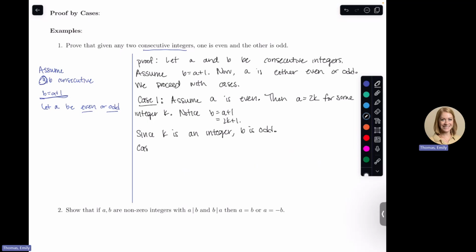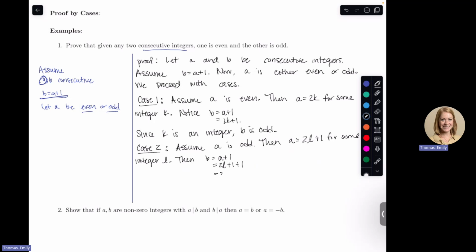Case 2, we are going to assume A is odd. Then A is going to equal 2L plus 1 for some integer L. Okay, then B is equal to A plus 1, which is going to be 2L plus 1 plus 1, oh, that's an L now, sorry.